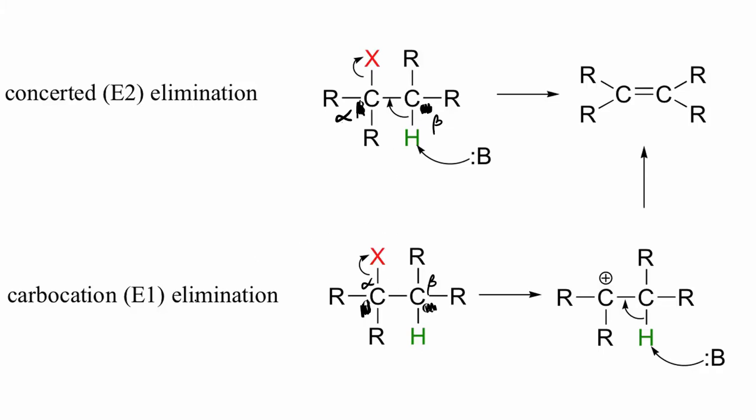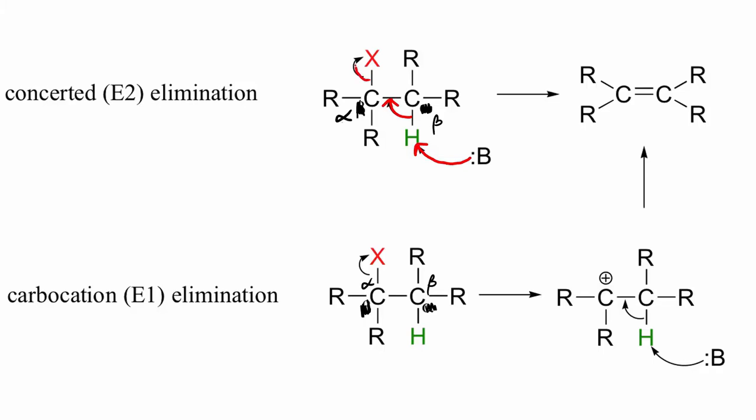Now you see we have a base that comes in and he's coming after this hydrogen. He's coming after this hydrogen because this bond here is vulnerable. When he takes that hydrogen, then the electrons are going to fall down to create a new pi bond here that pushes that leaving group off. All of that happens at once.